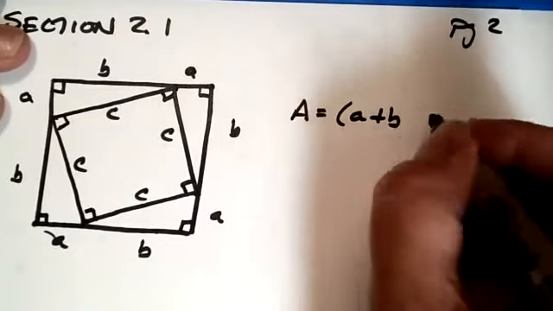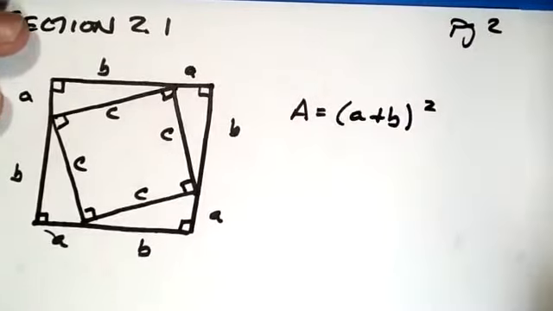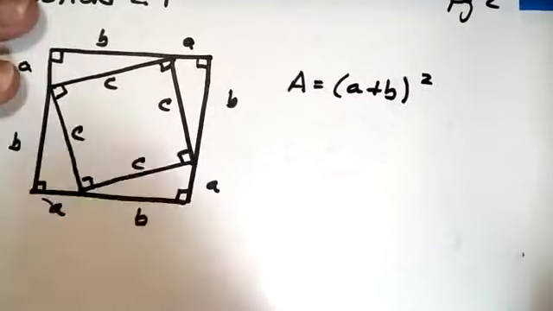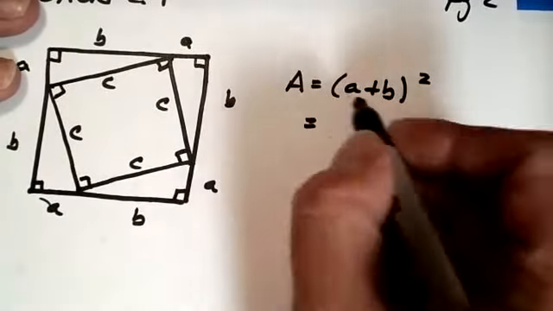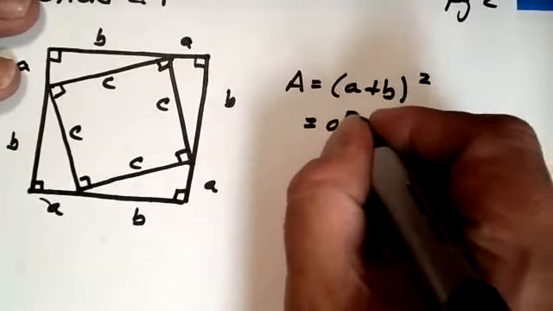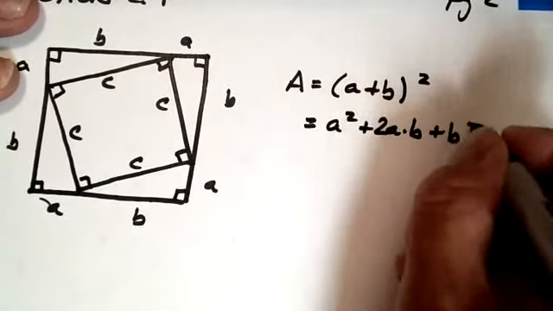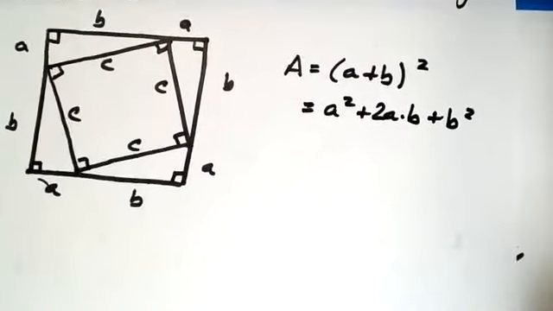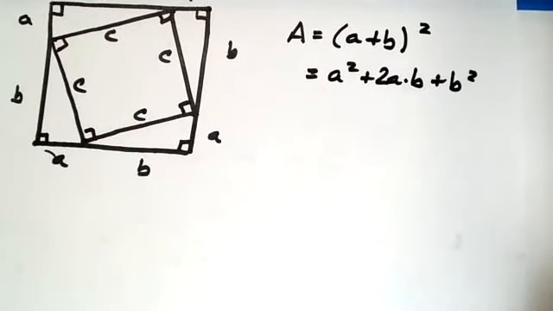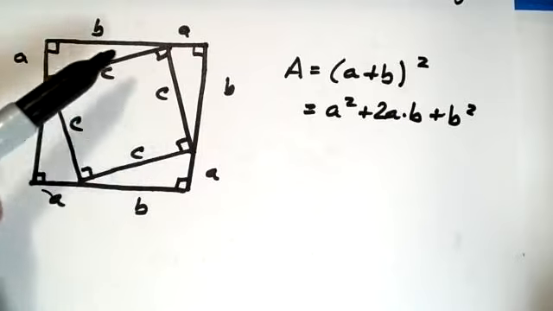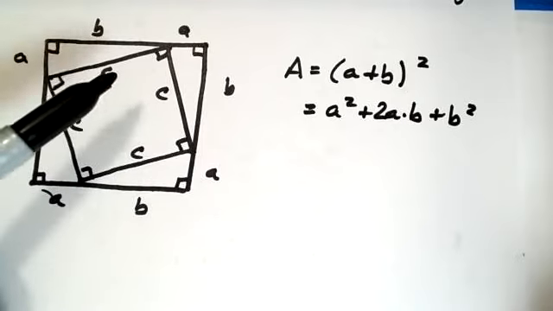So it's (A plus B) squared. If we FOIL out that result, this will be A squared plus 2A times B plus B squared.